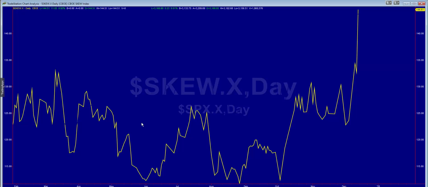Well, the reality of it is, day in and day out, the difference between a put and a call, equally spaced on the SPX, there is a skew.